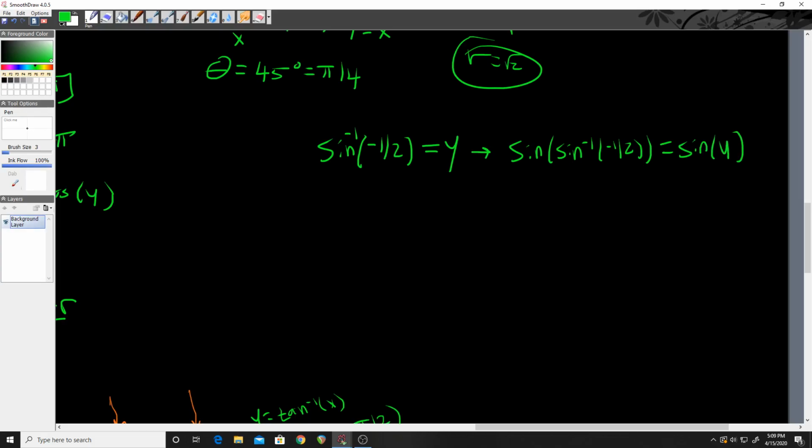You operate with the inverse. Sine of the inverse sine, we get sine y equals -1/2, but be careful. There is the restricted domain, or I'm sorry, restricted range, restricted value on y. So y has to be between minus pi over 2 and pi over 2.